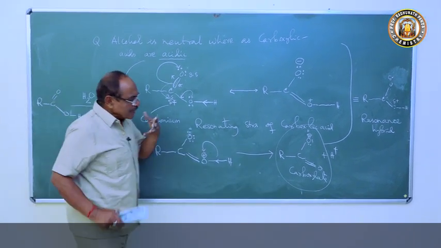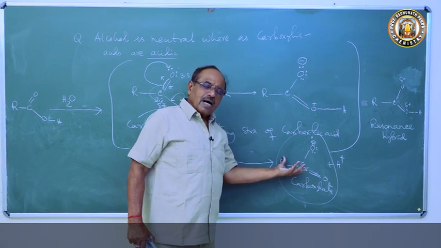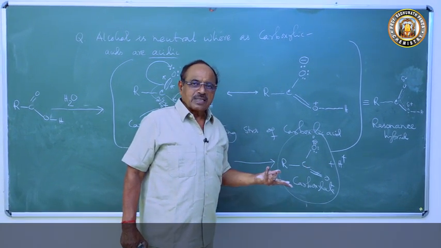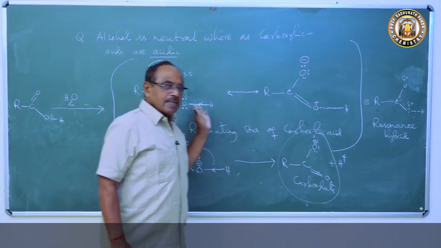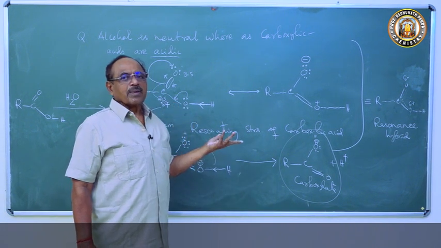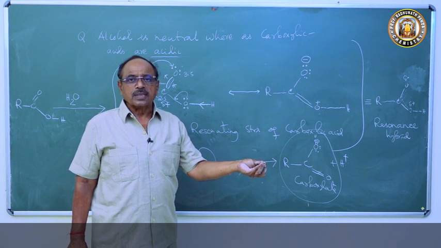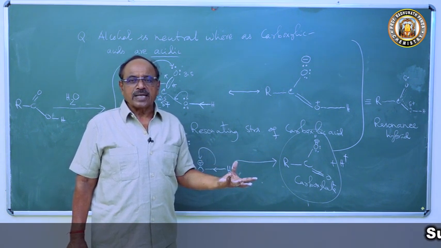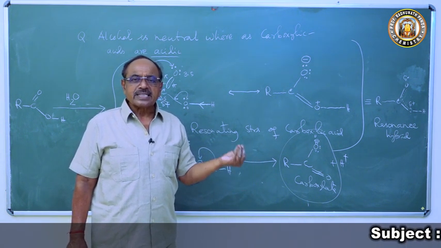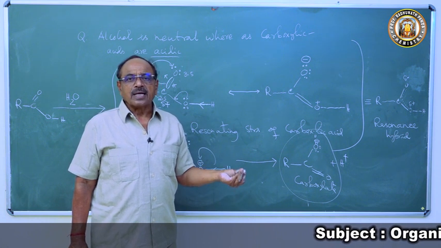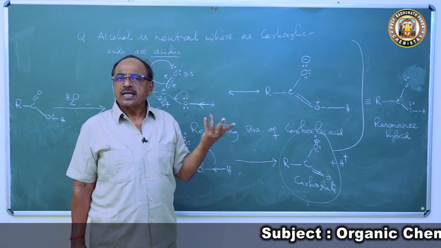Now we can say that the carboxylate ion is more stable than carboxylic acid, then our answer comes: the carboxylic acid donates a proton, forms a carboxylate ion, the carboxylate ion is stable, hence the carboxylic acids are acidic.